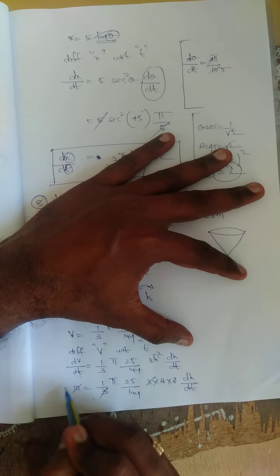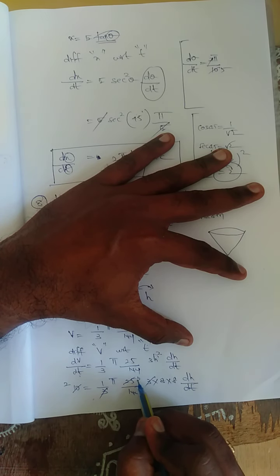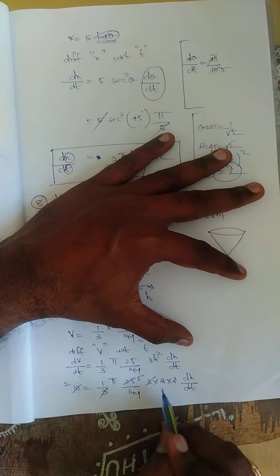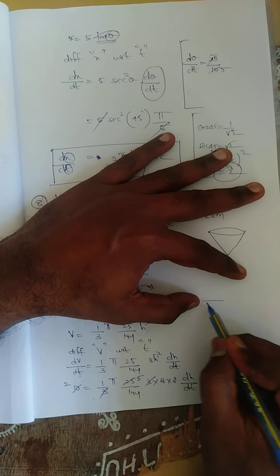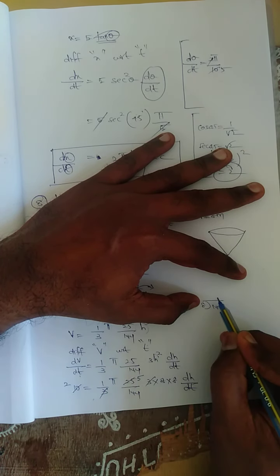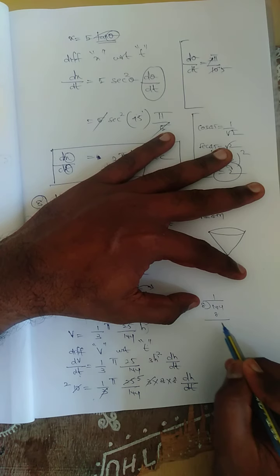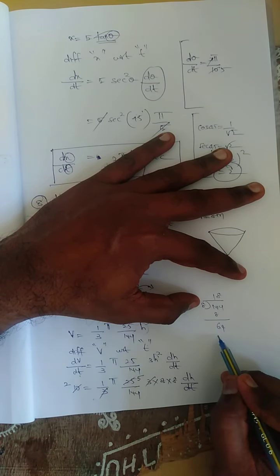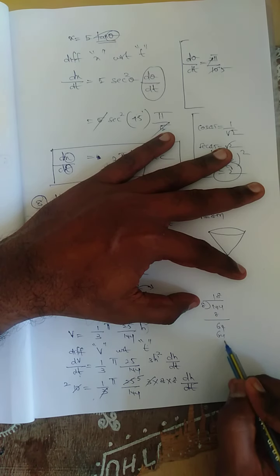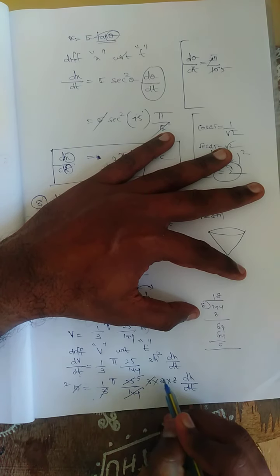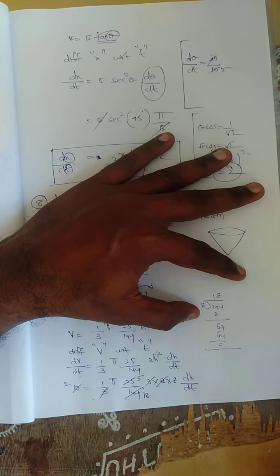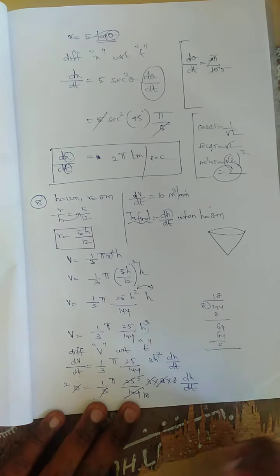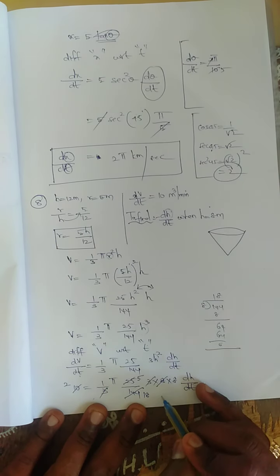Next, 10, 2 times, and 5 times 2 is 10. Next, 8 and 144. We will check 144 divided by 8: 8 times 18 is 144, so 18 times. Next, this 18 and 8 can be cancelled.